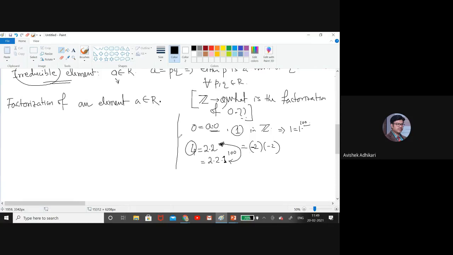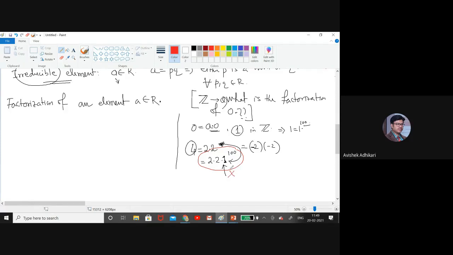So do you really think that in your definition of factorization, this kind of expression should be there? What would be your opinion? Shall we allow this kind of thing? No, we should not allow this kind of thing.